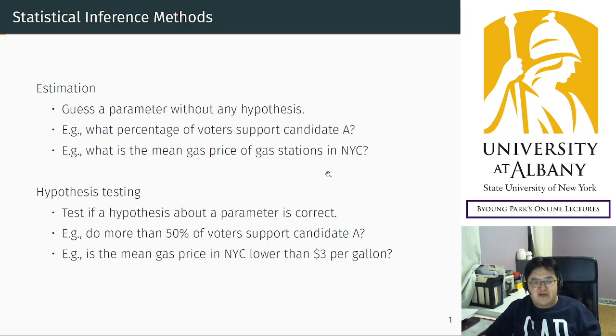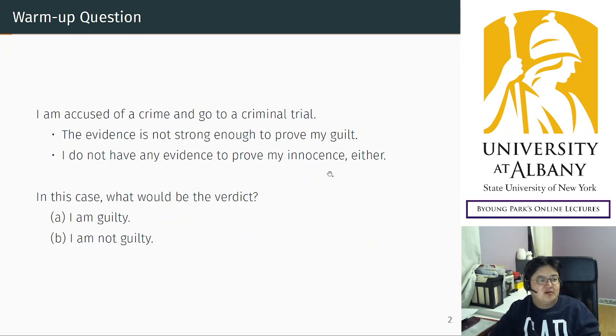So it is a very strange structure. Let me think about some other cases first, non-statistics examples. Suppose that I am accused of, say, a murder. Someone died and I was accused of that, and I had to go to the court, but there is not enough evidence that shows my murder.